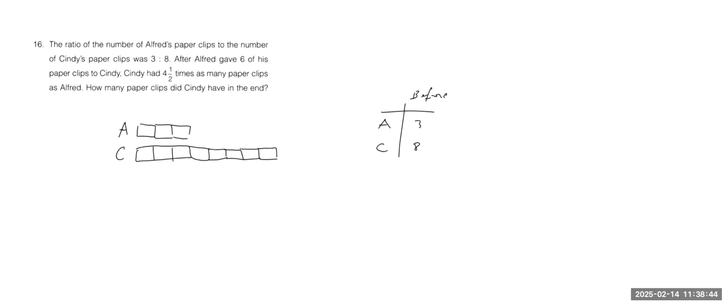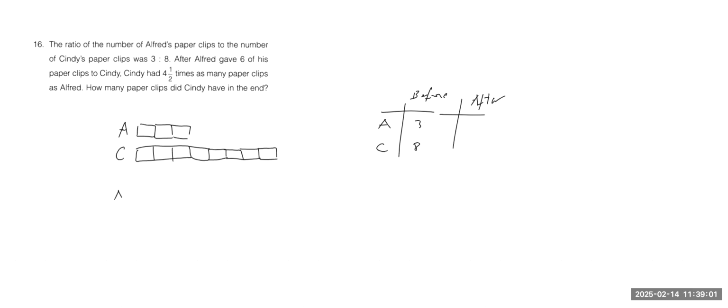And then after, what happened after? Well, after, Cindy had 4.5 times as many paper clips as Alfred. So if Cindy had 4.5 times as many as Alfred, okay, let's see what that looks like.